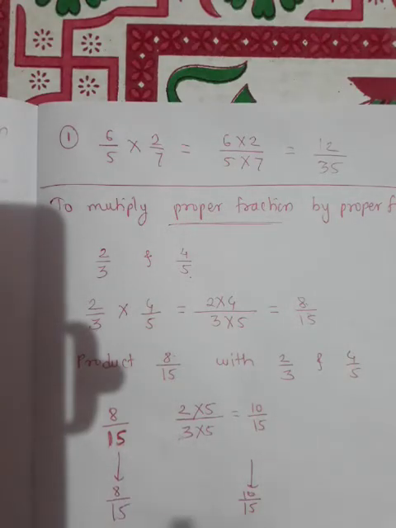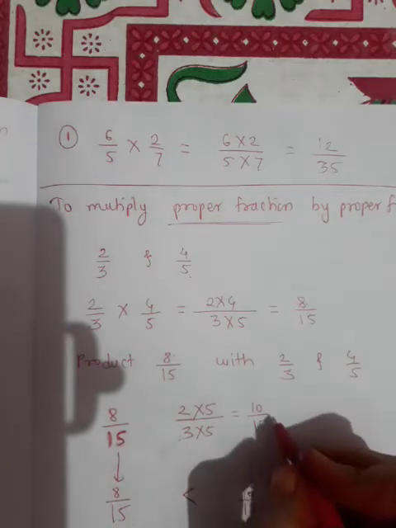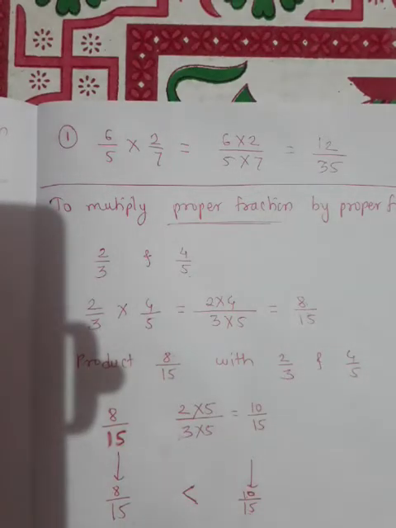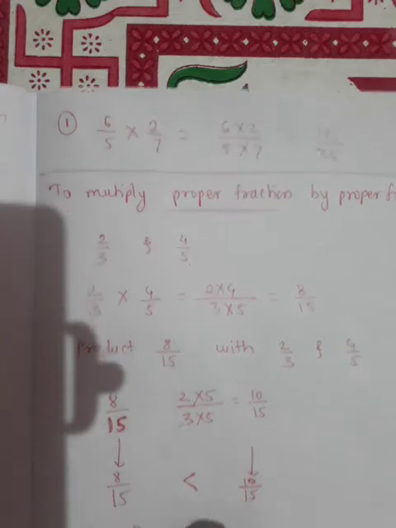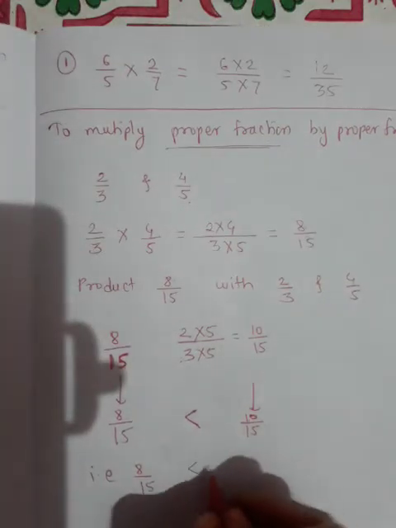See, denominators are the same, and this numerator is less than this, so 8 by 15 is less than 10 by 15, and 10 by 15 is nothing but 2 by 3. That is, 8 by 15 is less than 2 by 3.